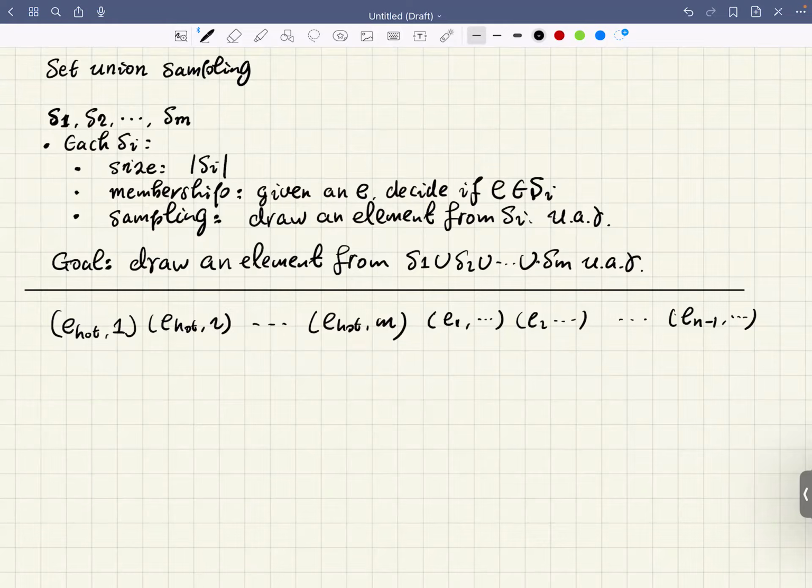Say you take a uniform sample from the universe. So what is the probability?